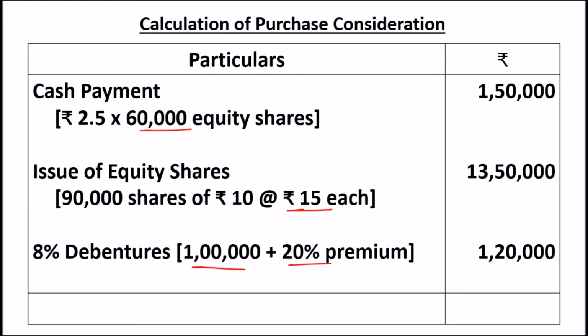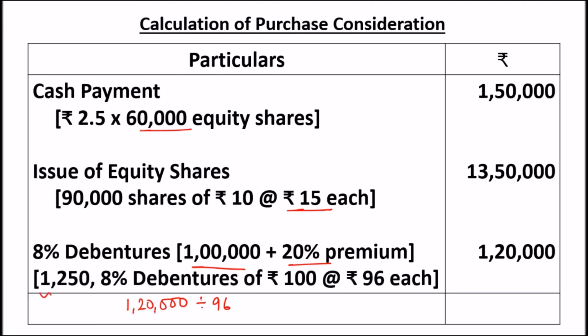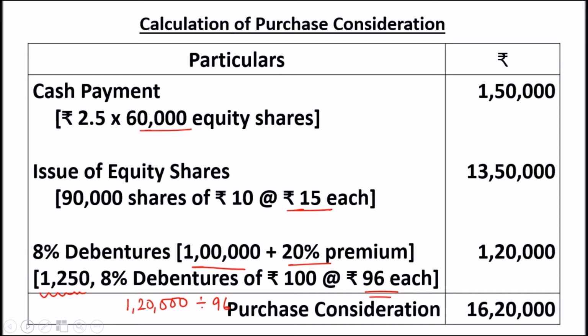So if we want the number of debentures, what we will do is divide 1,20,000 by 96, and we will get the number that is 1,250 debentures of 100, but issued at 96 rupees each. Therefore the total purchase consideration comes to 16,20,000.